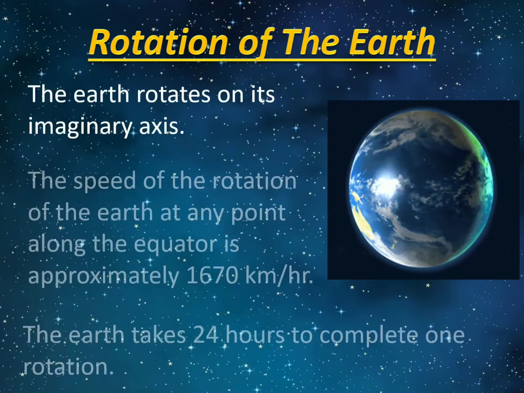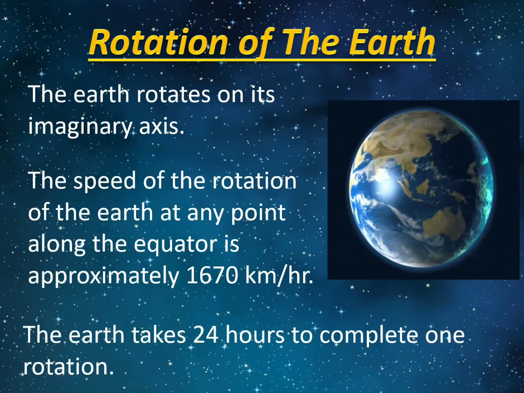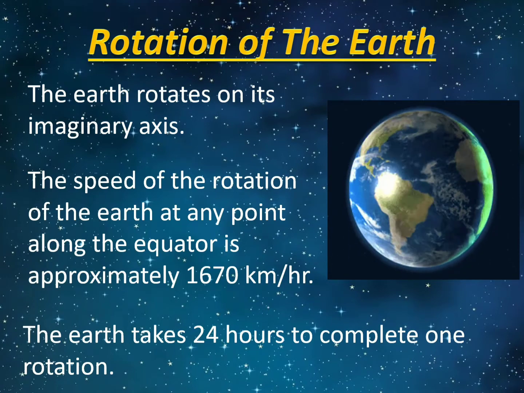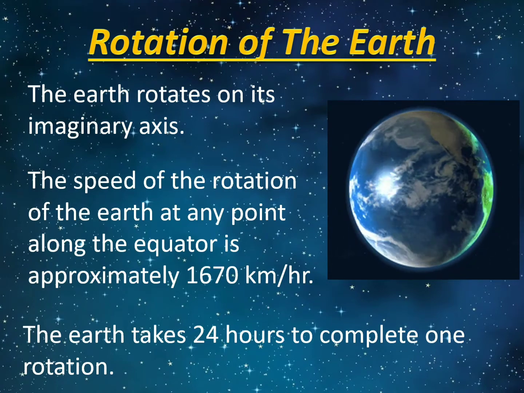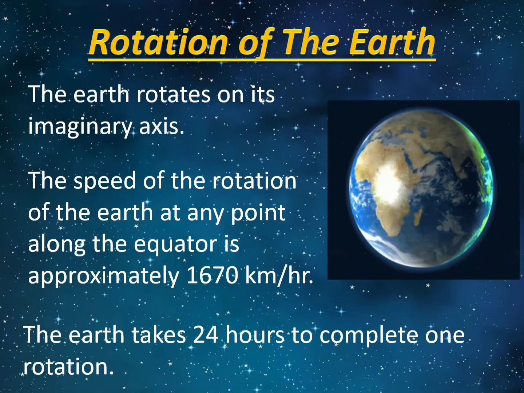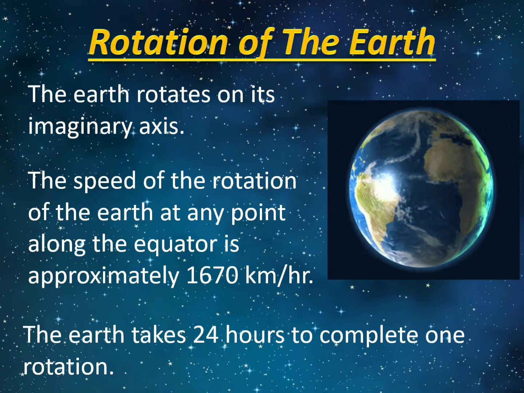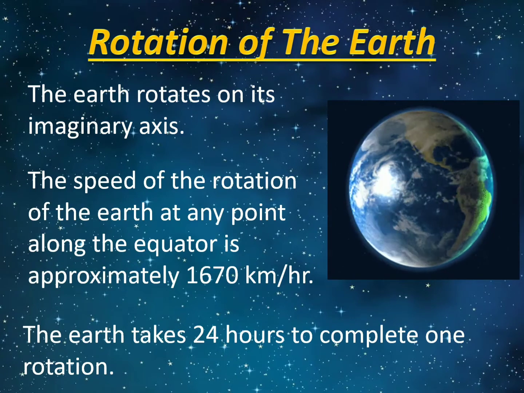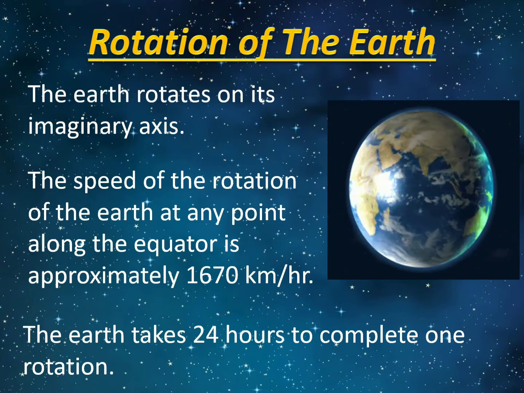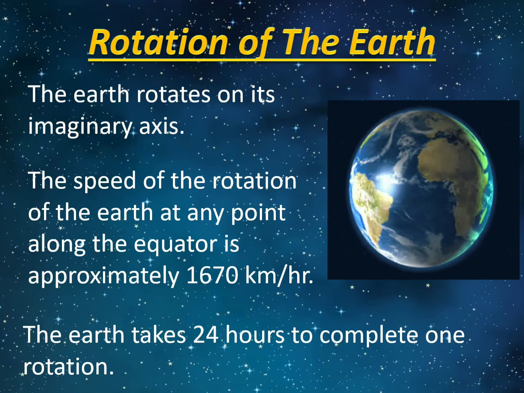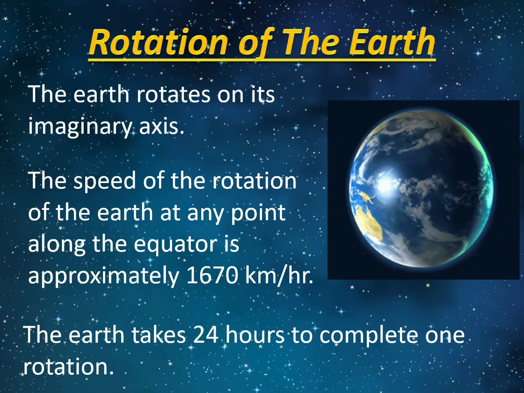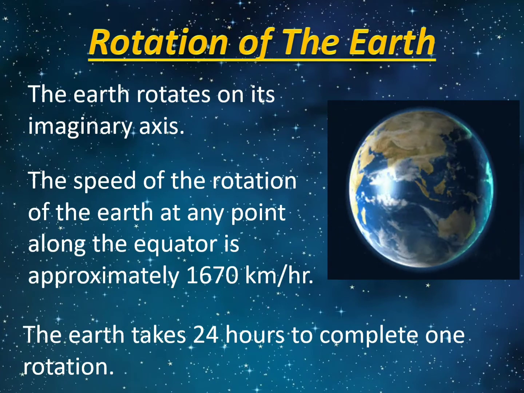Rotation of the Earth: the Earth rotates on its imaginary axis with a speed of 1670 kilometers per hour along the equator. The Earth takes 24 hours to complete one rotation. This motion of the Earth is called the rotation of the Earth.